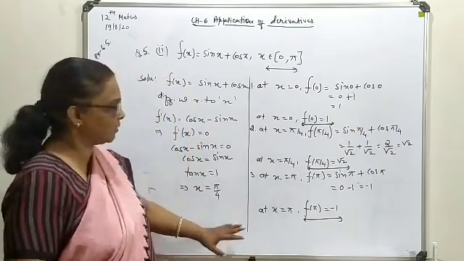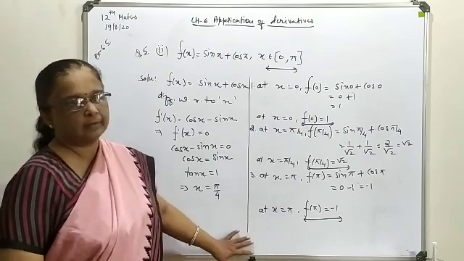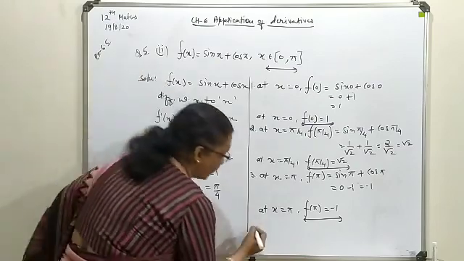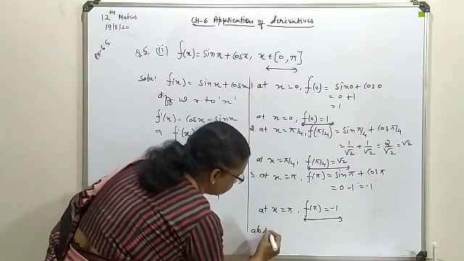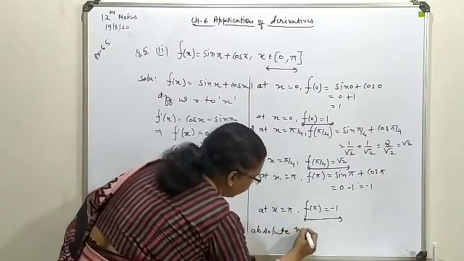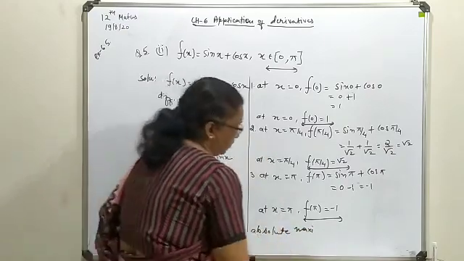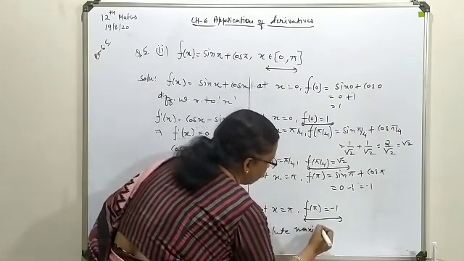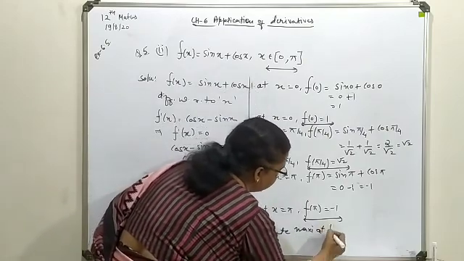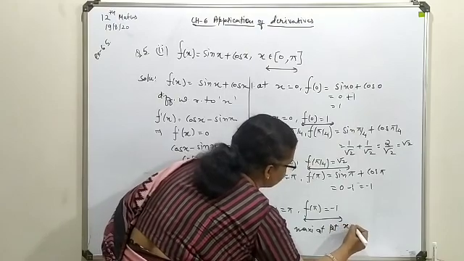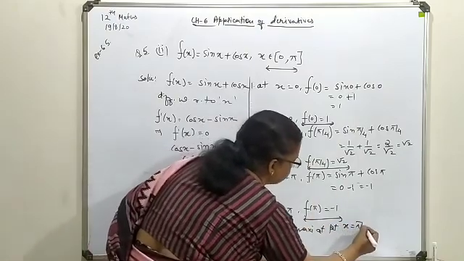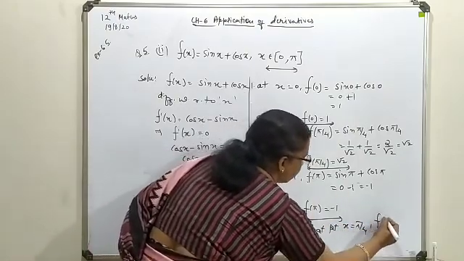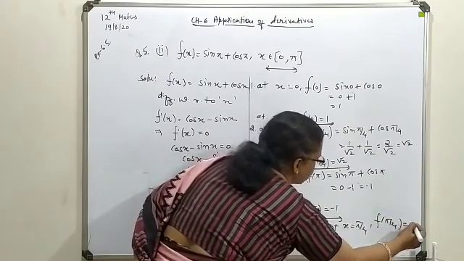So at last we list or highlight the maxima and minima. Absolute maxima: at point x equal to pi by 4, f(pi by 4) is root 2.